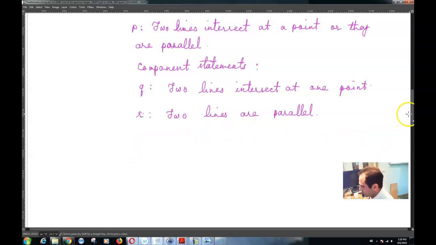Now another statement is, for example, statement P: 125 is a multiple of 7 or 8.